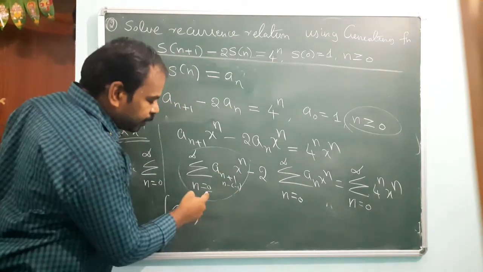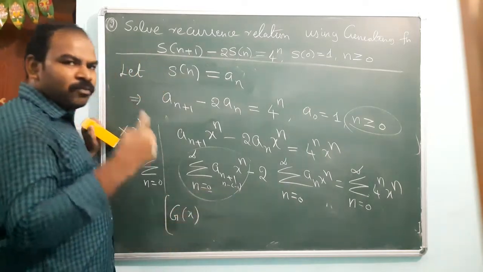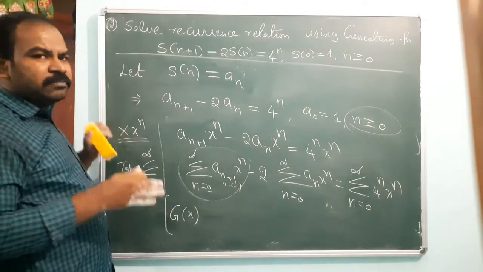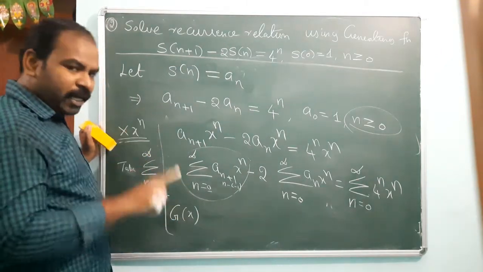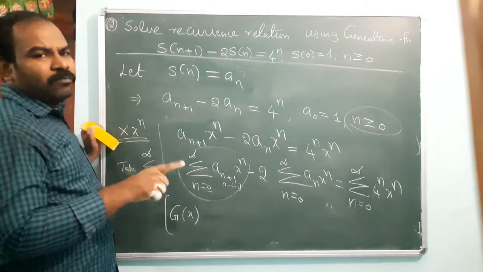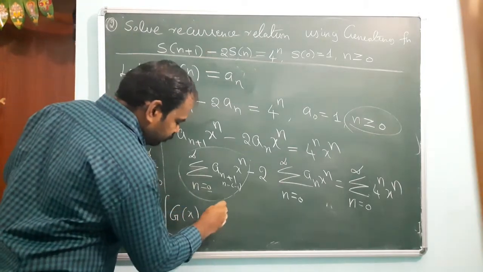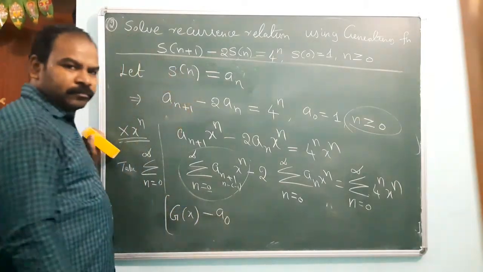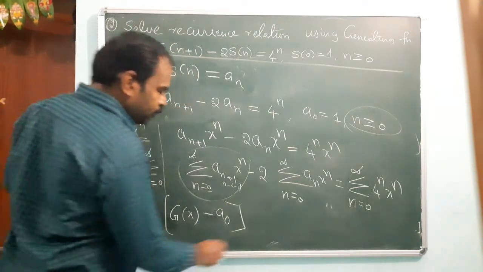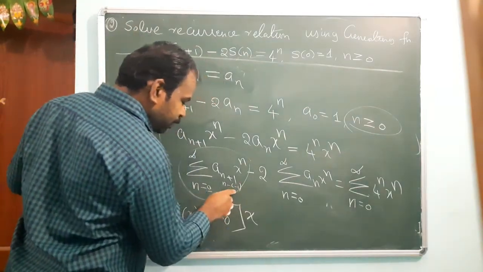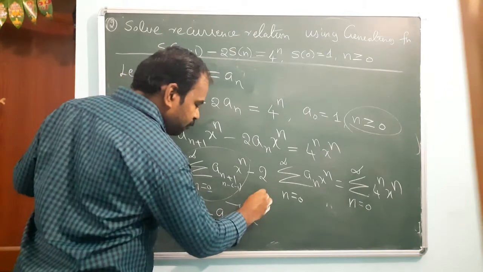So the difference between 0 and minus 1 is 1. Difference means the distance between 0 and minus 1. So the distance is 1, so we need to subtract only one term. The term is a naught into x power minus 1. So we multiply x power minus 1.